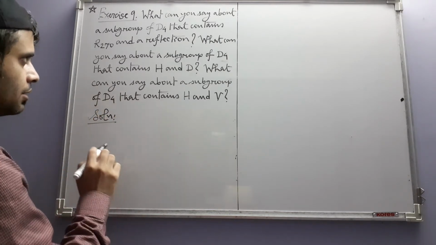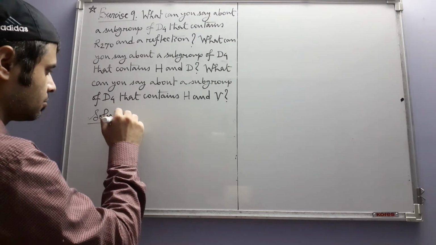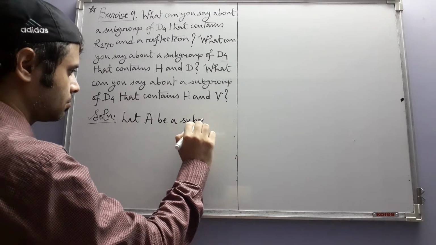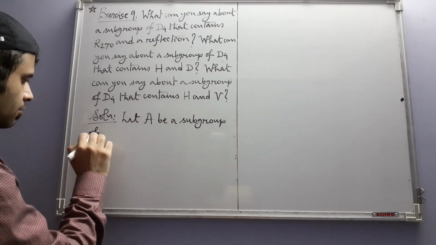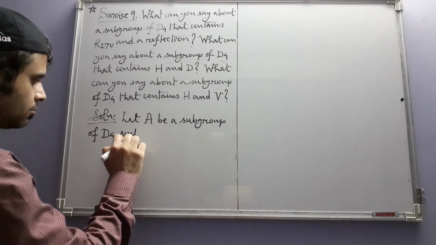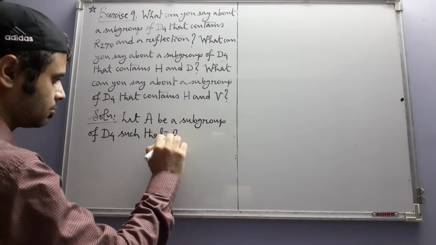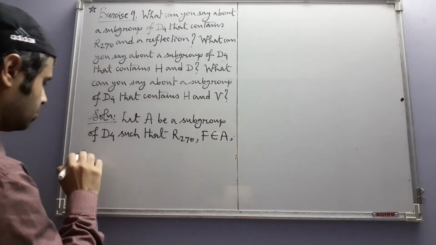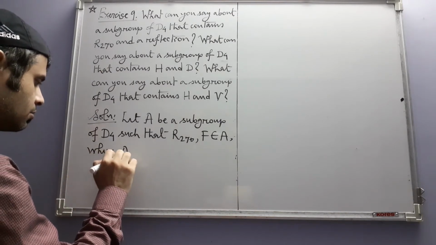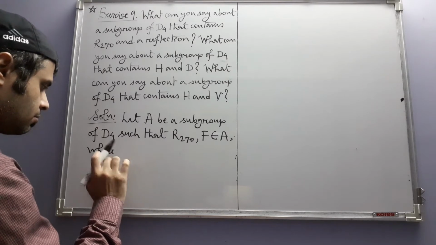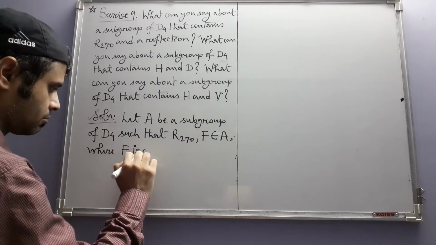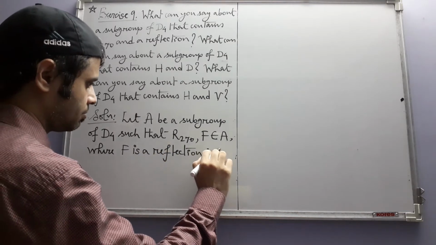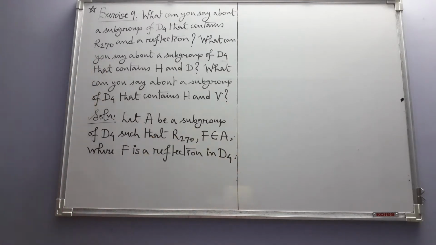We start by giving such a subgroup a name. Let A be a subgroup of D4 such that R270 and F belong to A, where F is a reflection in D4.